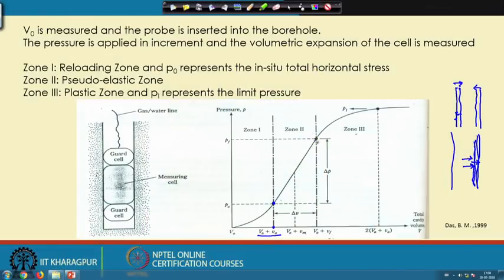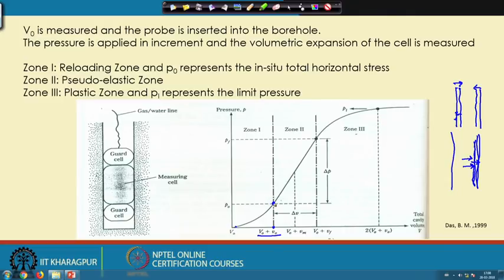Now, how will we identify these 2 points? We identify these 2 points where the pressure versus volume relationship is linear. The left side of this linear zone, or pseudo elastic zone, is the reloading zone, and the right side is the plastic zone.